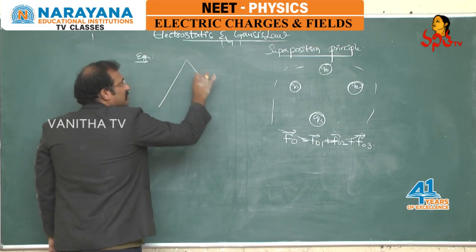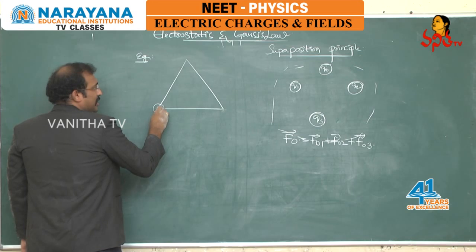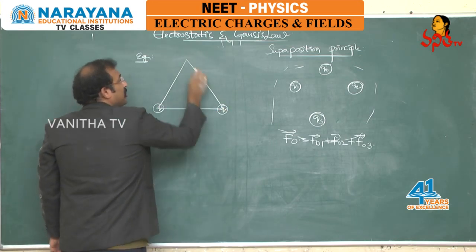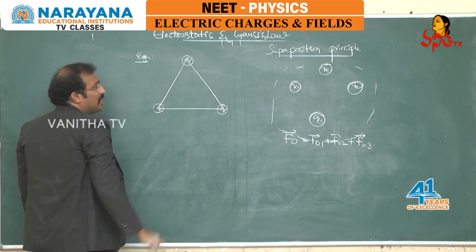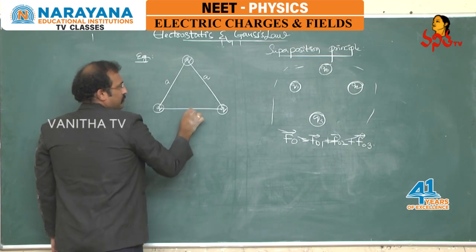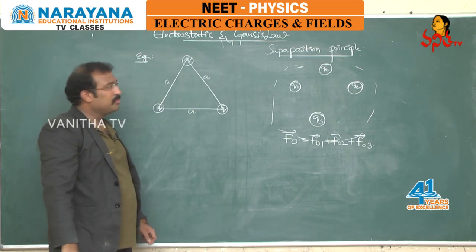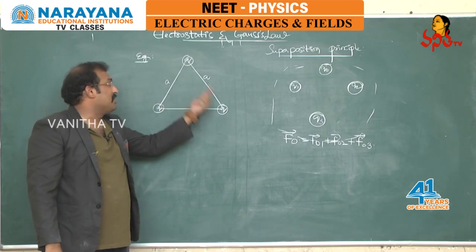Consider 3 charges of equal magnitude at the 3 vertices of an equilateral triangle of side A. Now, how do we calculate the force on any one charge?